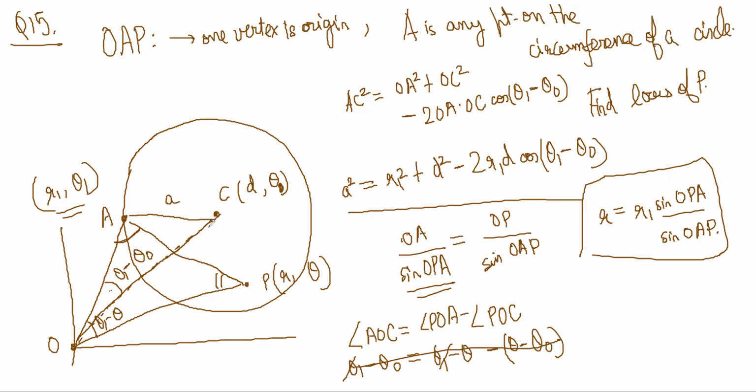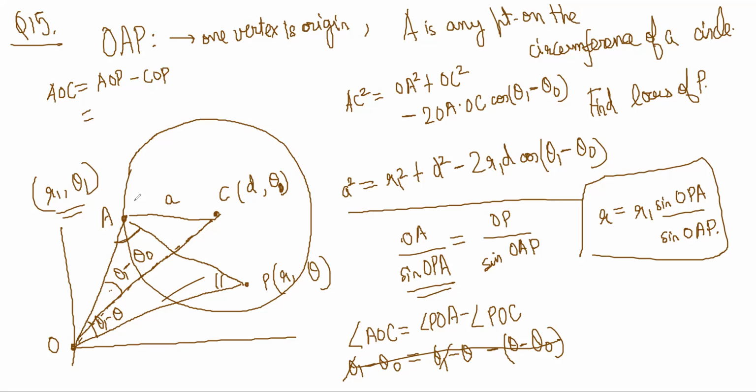So this big angle minus this angle is equal to... AOC I want to write. So that should be equal to AOP minus COP, right? AOC is equal to AOP minus COP.